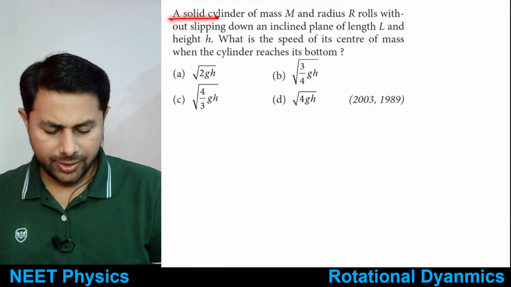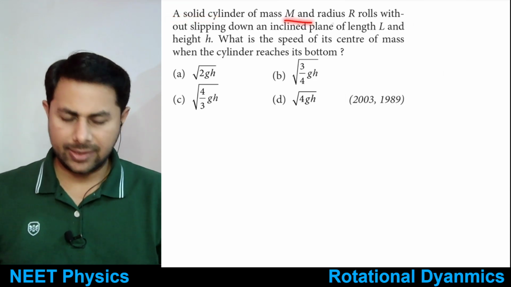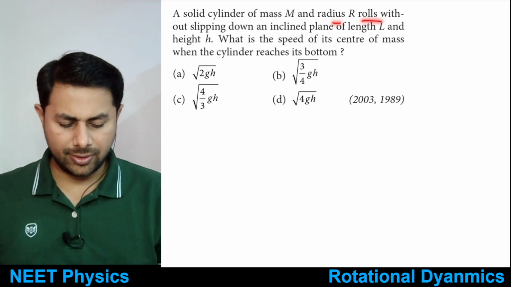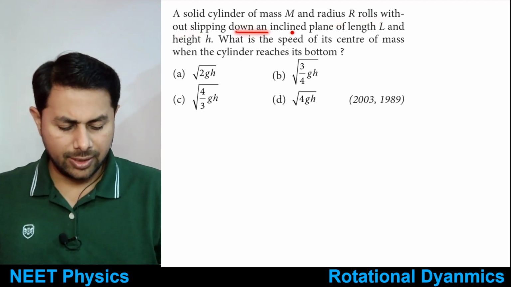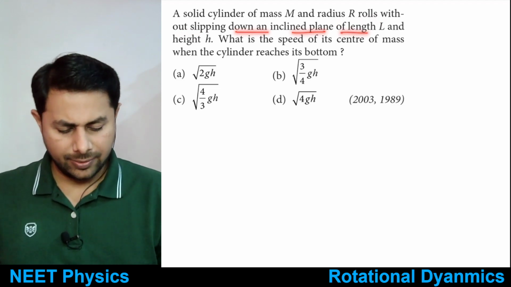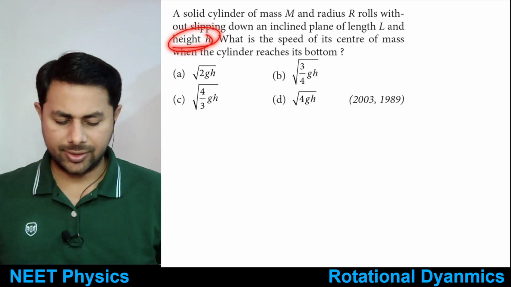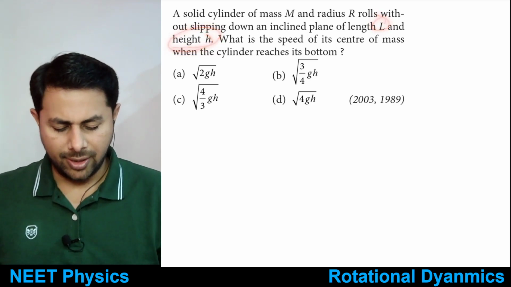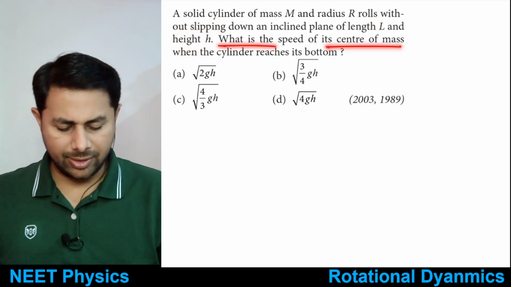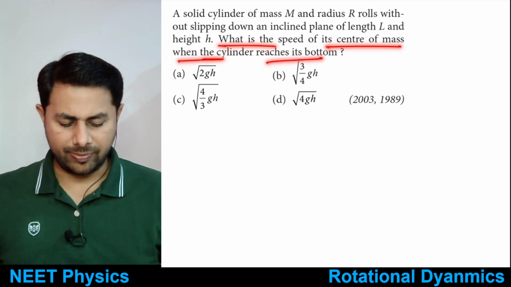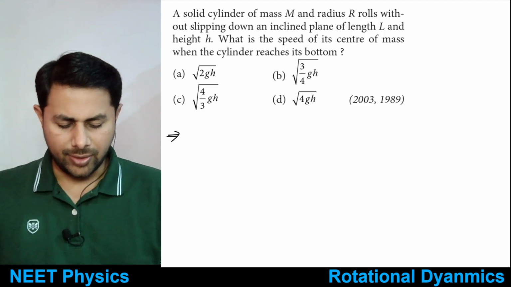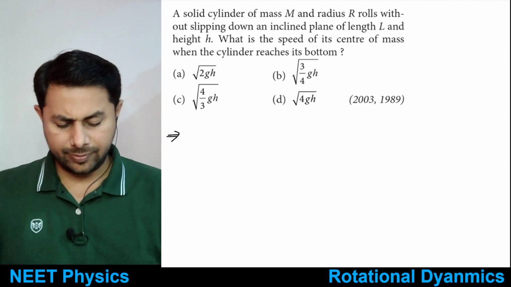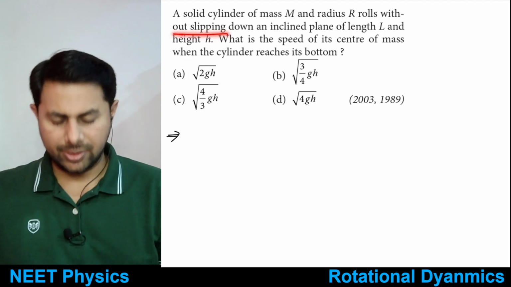Let's see the next question. A solid cylinder of mass m and radius r rolls without slipping down an inclined plane of length L and height h. What is the speed of its center of mass when the cylinder reaches the bottom?